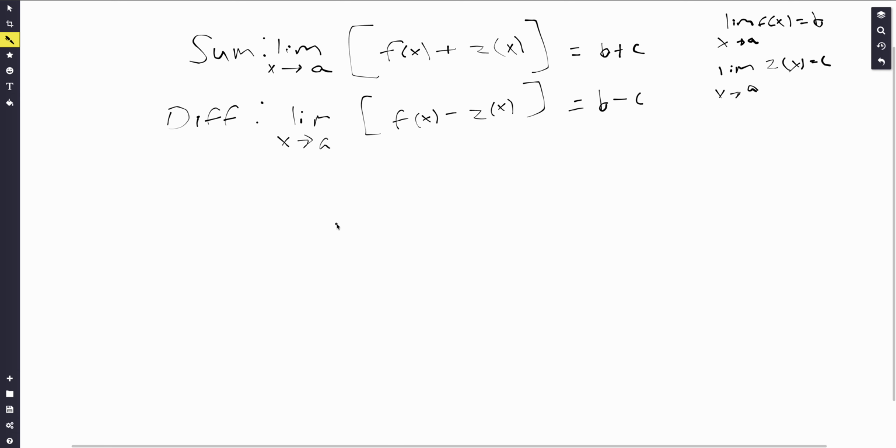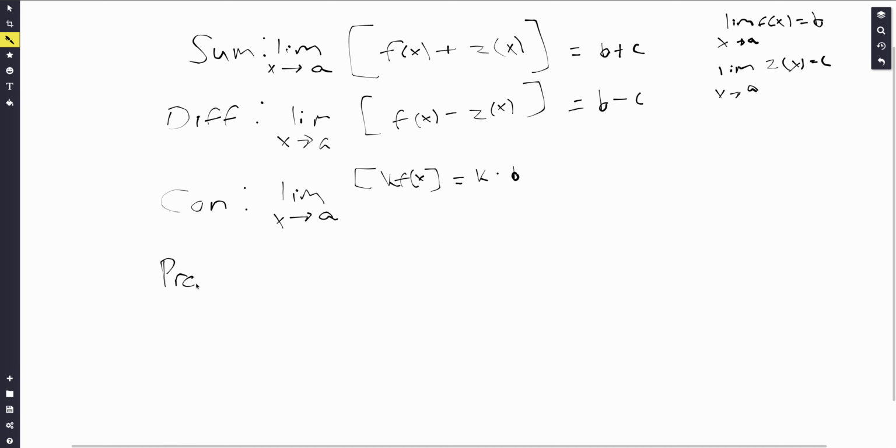The next one is the constant rule. I'm just going to write that as con. That's the limit as x approaches a of k times f of x equaling k times b.